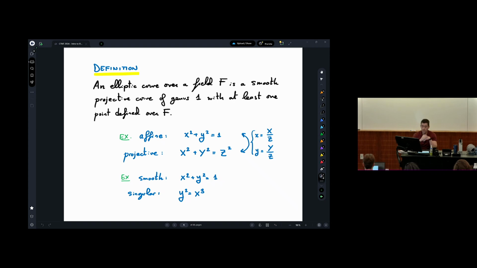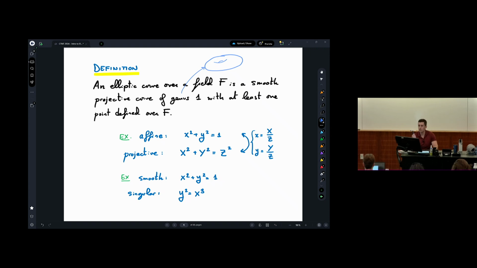So what that means is that as a complex variety, when I look at it over the complex numbers, it is going to look like a donut. It's going to have one hole. There's, of course, a much more rigorous definition of what genus is, especially if the field is not like Q or the reals, then how do we define genus in arbitrary fields?